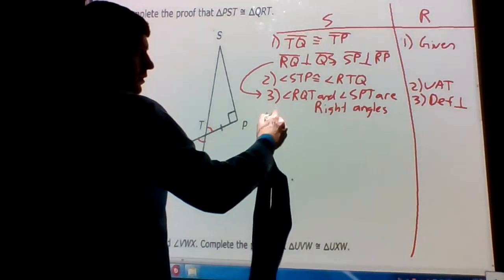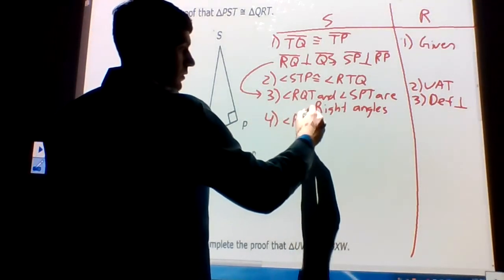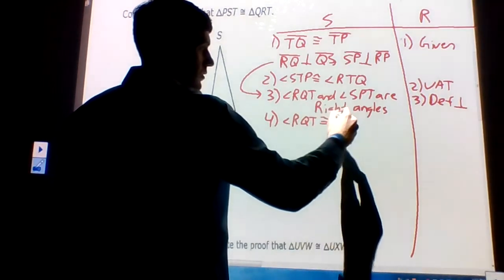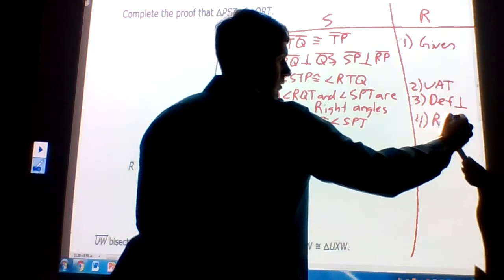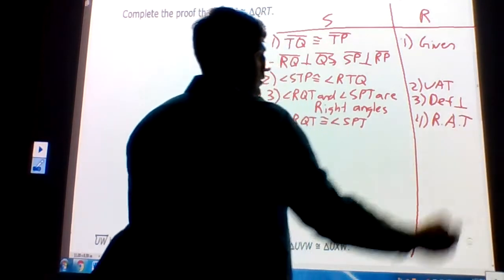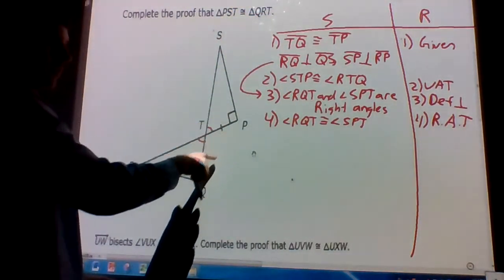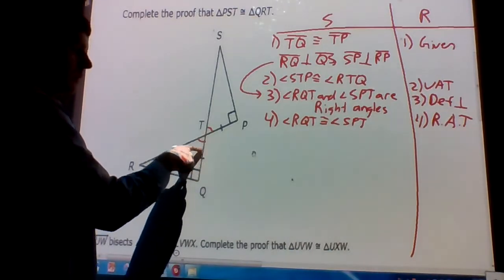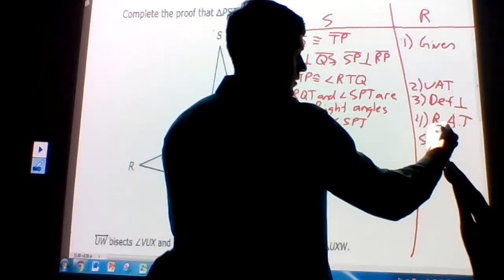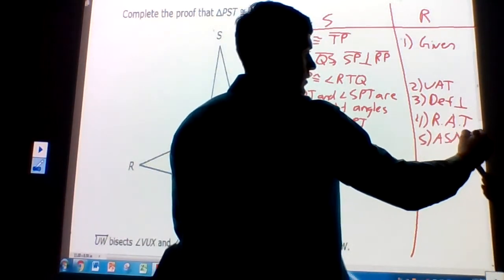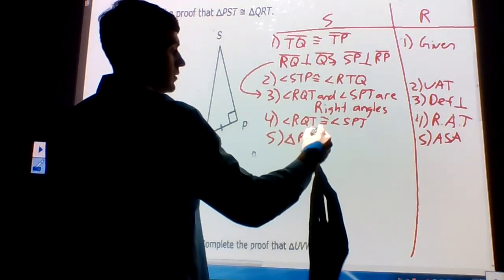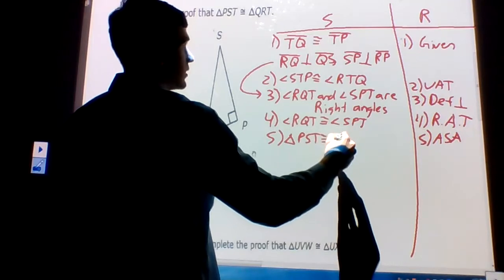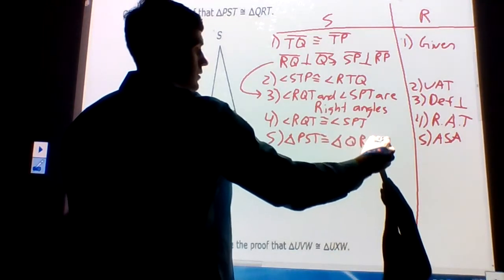That says the right angles are congruent, so we know angle RQT is congruent to angle SPT by the right angle theorem, which says right angles are congruent. We now have two pair of angles that are congruent, so we can use angle side angle to show that our triangles are congruent. So triangle PST is congruent to triangle QRT.